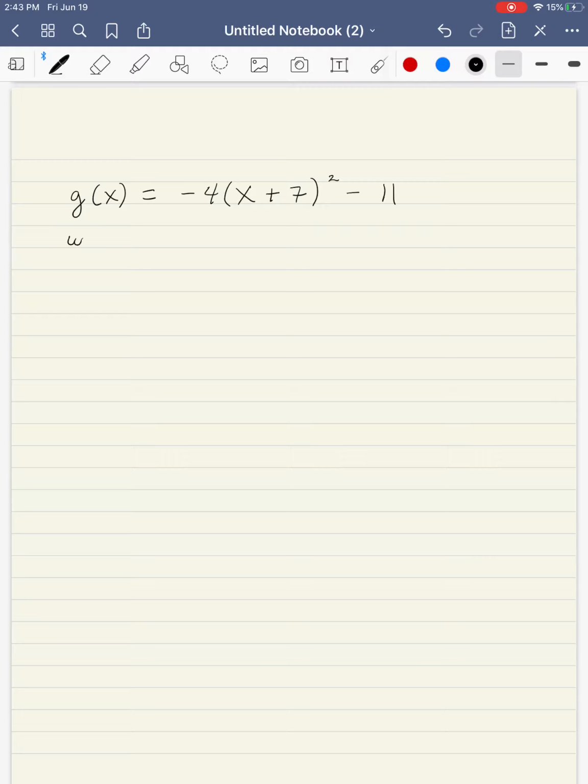But I want you to think about what we did in the previous example. And I want you to tell me whether this opens up or down, and what the vertex is, just by looking at the function, not graphing it. Kind of think about what your transformations would be. Pause the video. Write whether it's up or down, and write what the vertex is.